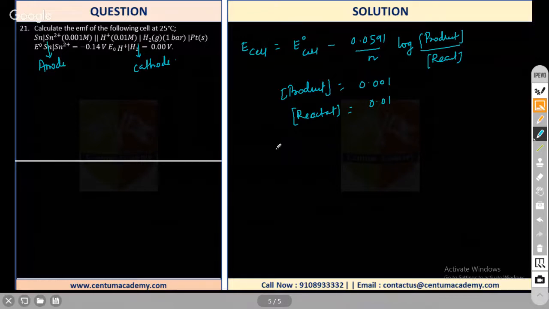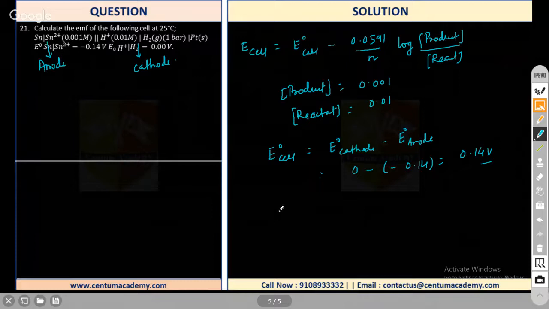E naught cell is what? The formula of E naught cell is E naught of cathode minus E naught of anode. All these things you have to write down in your answer sheet. Cathode is 0 and anode is minus 0.14, which is nothing but 0.14 volt is the E naught cell.